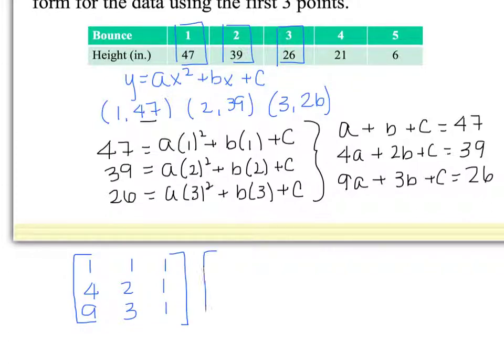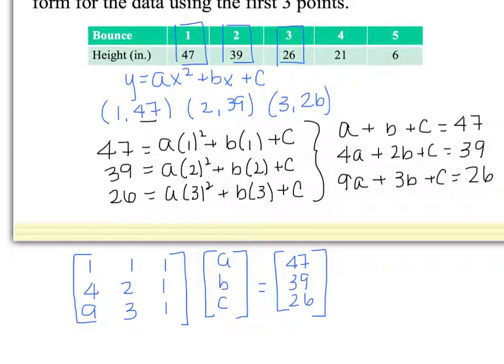I'm going to multiply that by A, B, and C, and this is going to equal my constants, which was 47, 39, and 26.